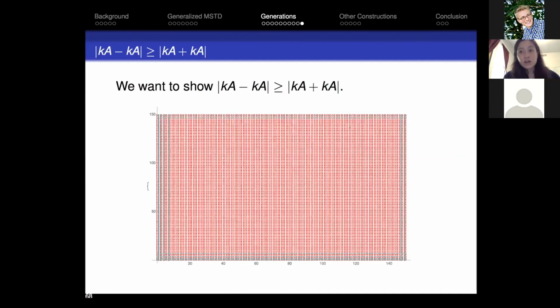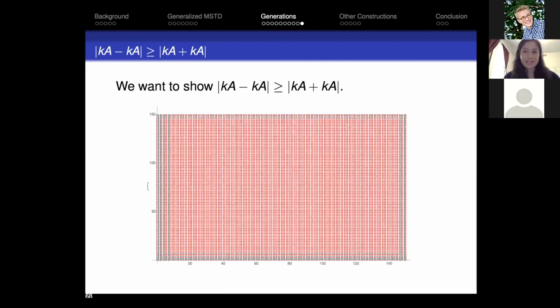So first note that Ka minus Ka and Ka plus Ka are both going to be subsets of rectangles of the same size. So to compare the size of these two sets, we want to look at the amount of points missing. So for Ka plus Ka, when we add it to itself, the center is going to be preserved as well as the rows and columns.